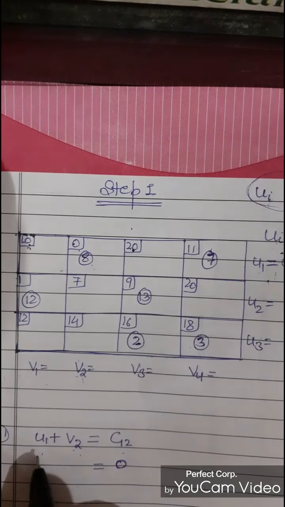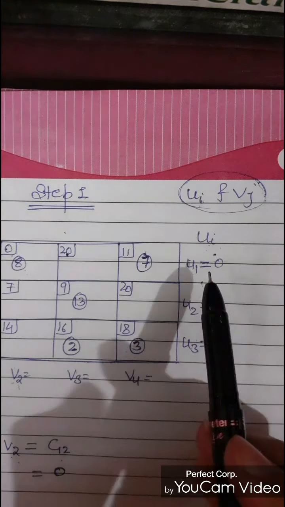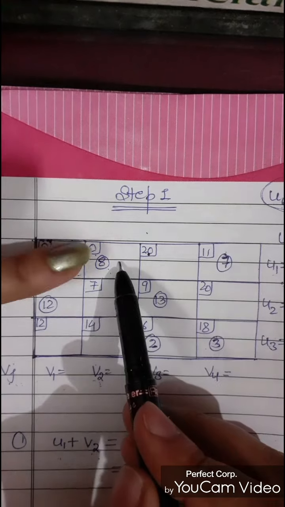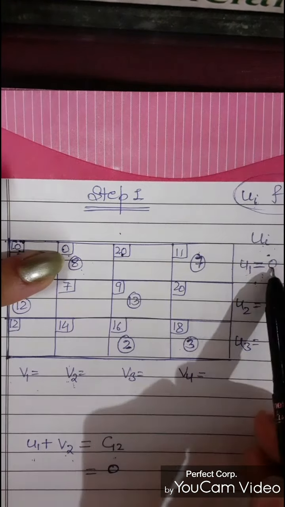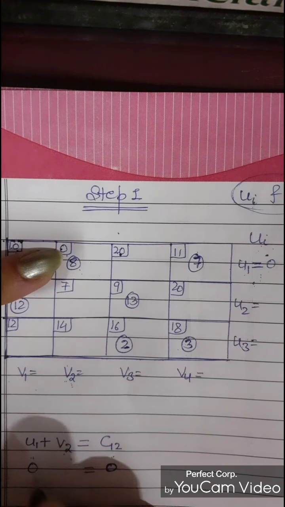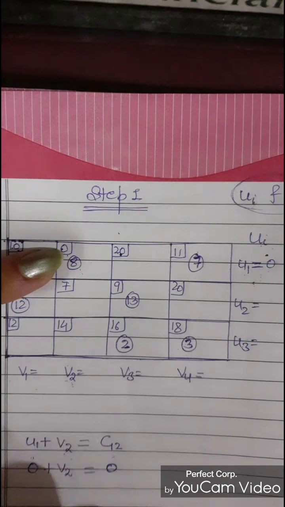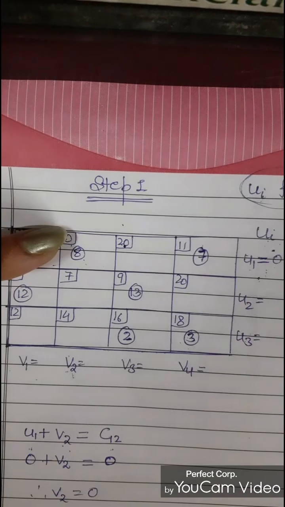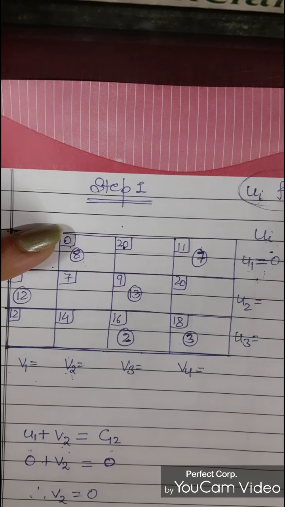But we are having the value of U1 here. And what is the value? U1 is equal to 0. So by choosing this cell which is having allocation corresponding to this value, I have taken 0 plus V2. Therefore V2 is equal to 0. We got V2 equals to 0.